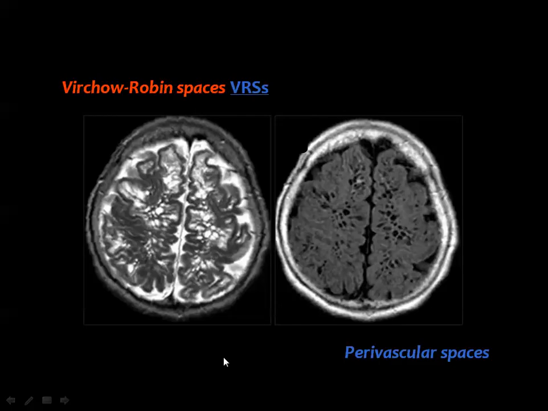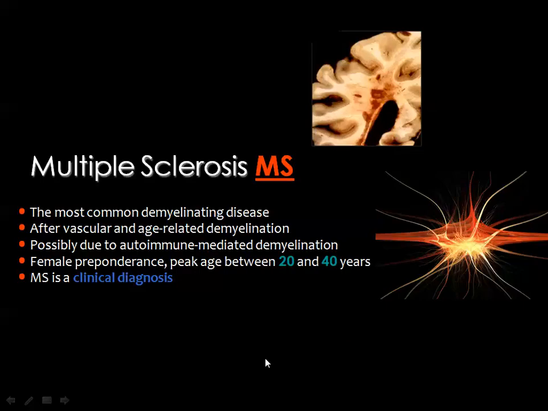And many times you can see abnormal prominence of the Virchow-Robin spaces in normal conditions, but you remember the spongiform pattern of leukodystrophy we have mentioned before, and also in some cases of mucopolysaccharidosis, the Virchow-Robin spaces will be distended by mucopolysaccharides, and they give this classic appearance with evident prominence of the spaces.